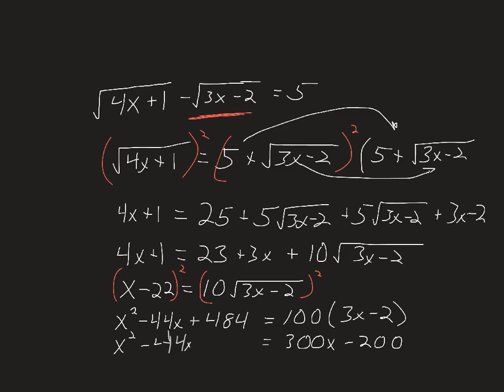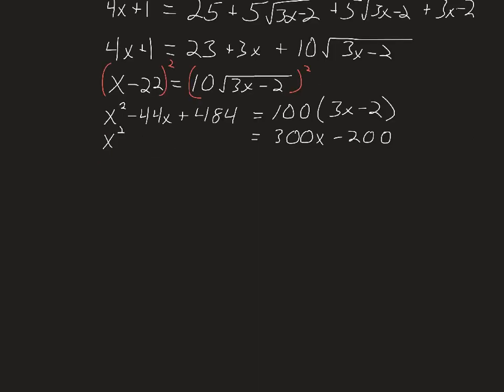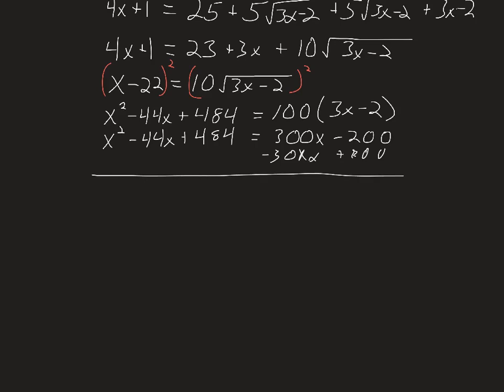Bear with me. All right, so back to this little mishap. Sorry about that. And so we're going to minus that 300x, and we're going to add that 200. This quadratic is not for the faint of heart.